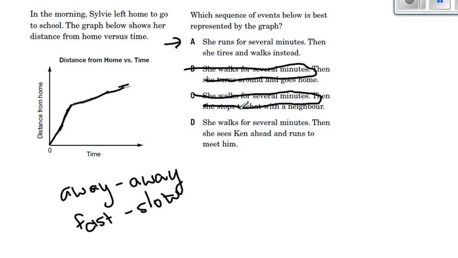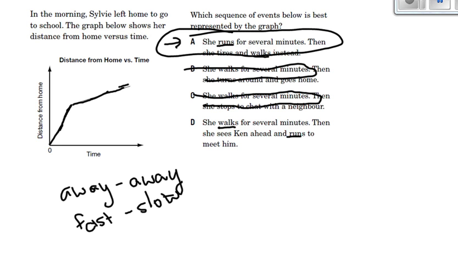So D and A both are move away, and both of them change speeds. But obviously this one starts off running and then walking, which is fast and then slow, whereas this one is walking and then running, slow and then fast. So I want it fast and then slow, so my answer is A.